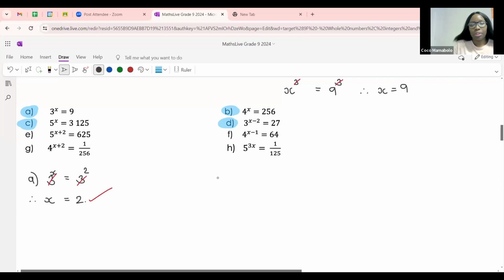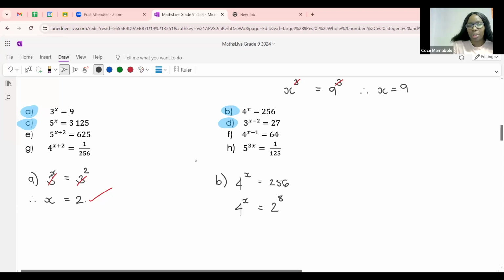So B says I've got 4 to the power of x is equal to 256. Now, if I use my calculator and I go 256 equals, my calculator is going to do this. It's going to go 4 to the power of x is equal to 2 to the power of 8.